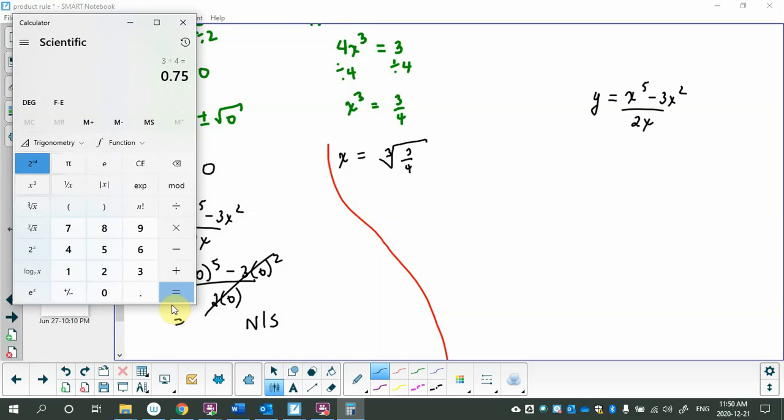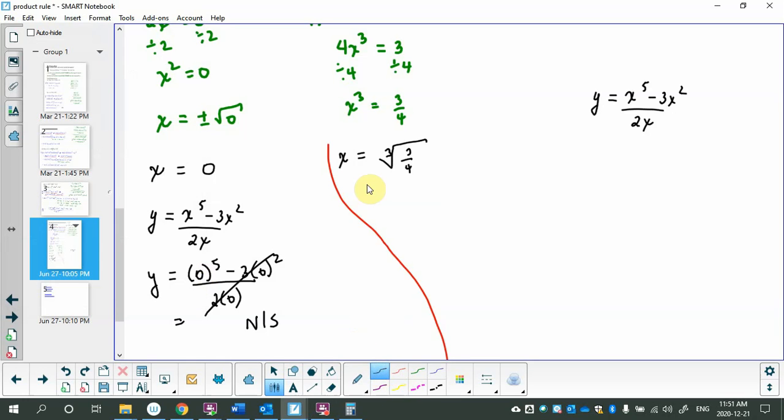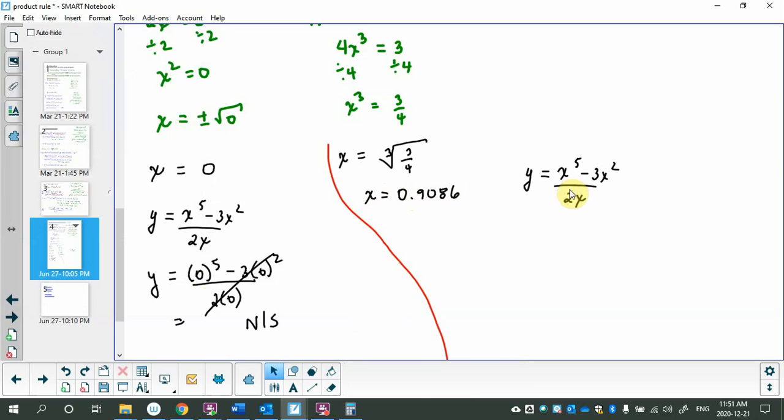Oh, I do have a cube root button. So I'm going to use 4 decimal places, so 0.9086. And I'm going to put that in here.